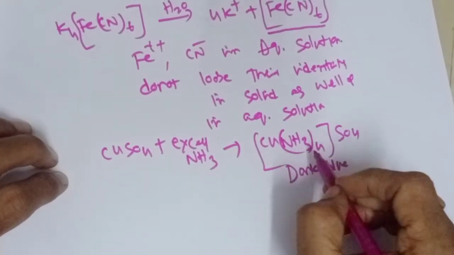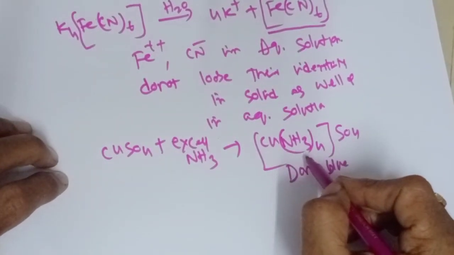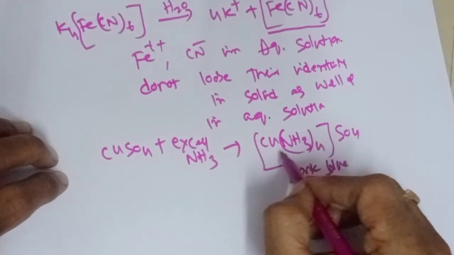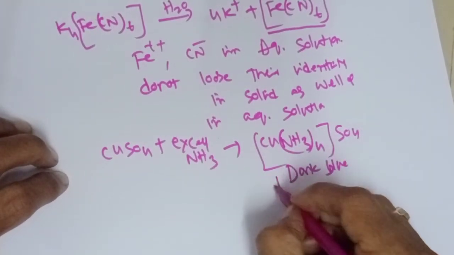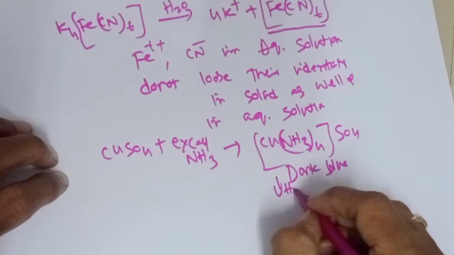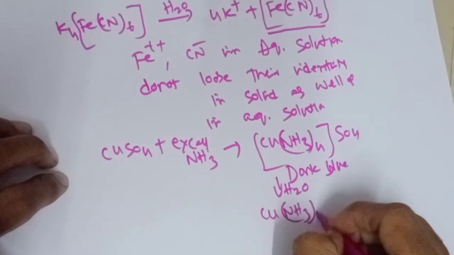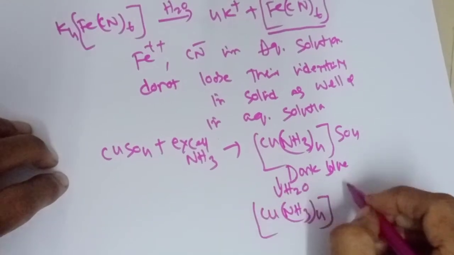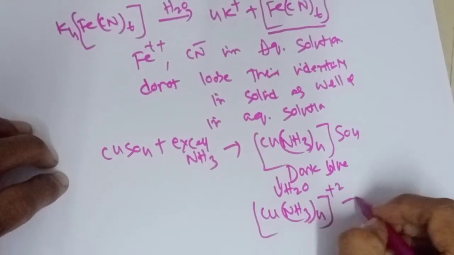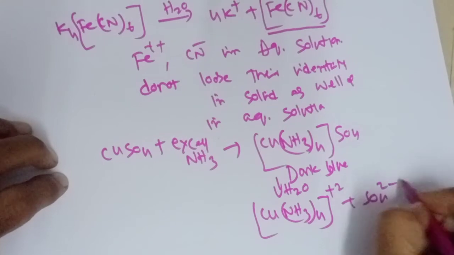When you dissolve this complex in water, we have [Cu(NH3)4]2+ plus sulfate ions 2-.